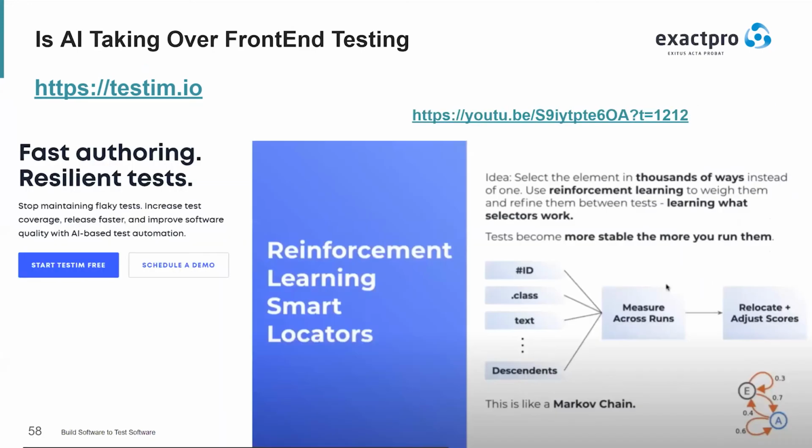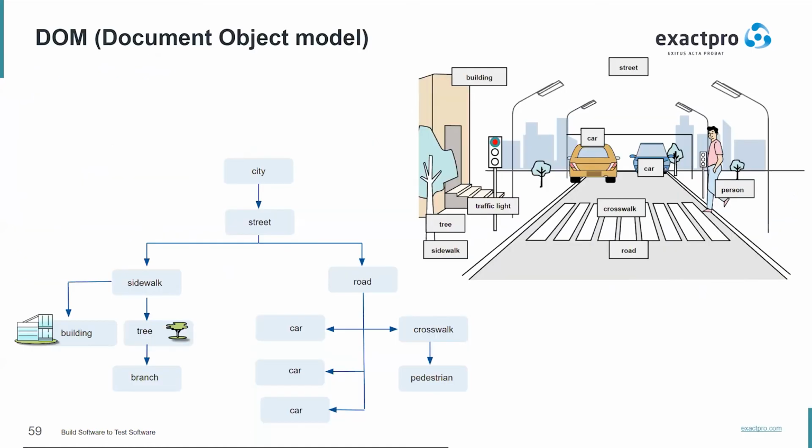So you can get more information about this tool on this website, and I'm moving forward. Again, I want to remind you about the document object model. And I thought how easy it would be if the web page was just visually marked, so that we do not have to struggle with this document object model and the structure and each and every element.